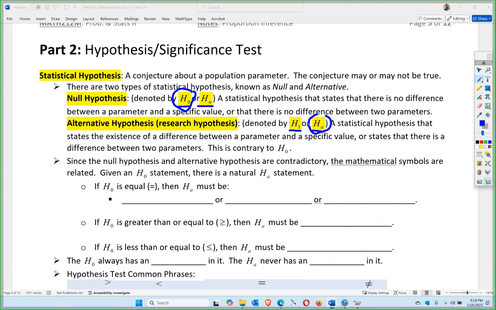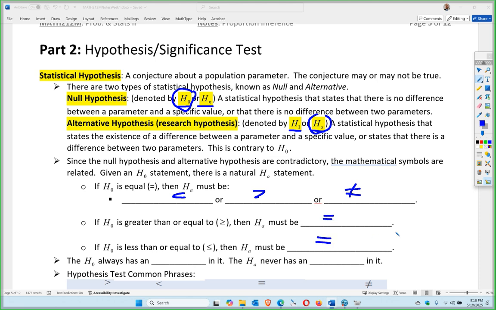So the default belief, or the null belief, you always use equals. The alternative is either less than, greater than, or not equal to. Even though the null hypothesis might state in the problem greater than or equal to or less than or equal to, you still do equal to.